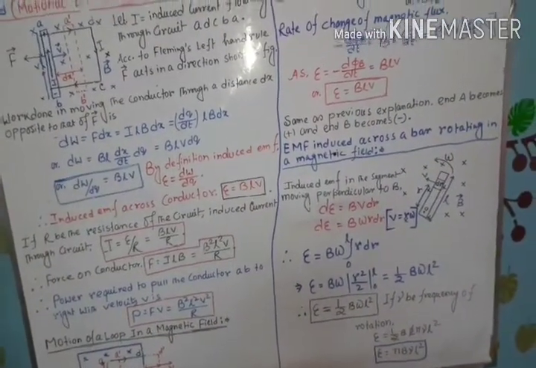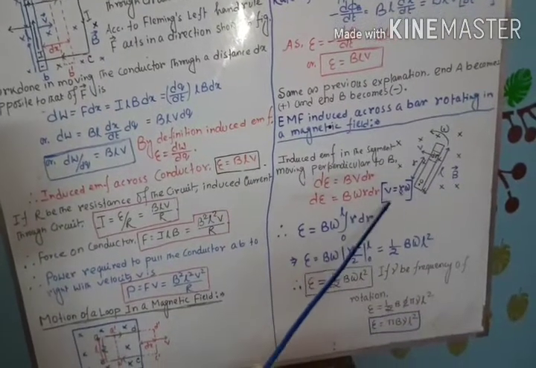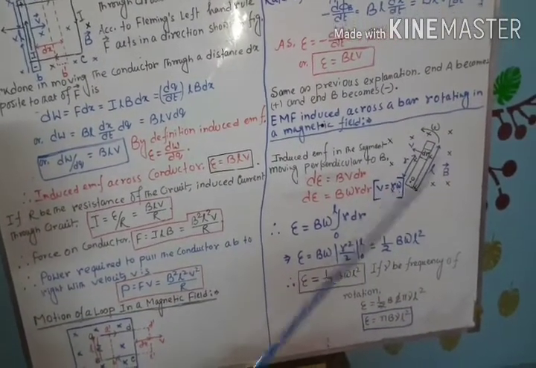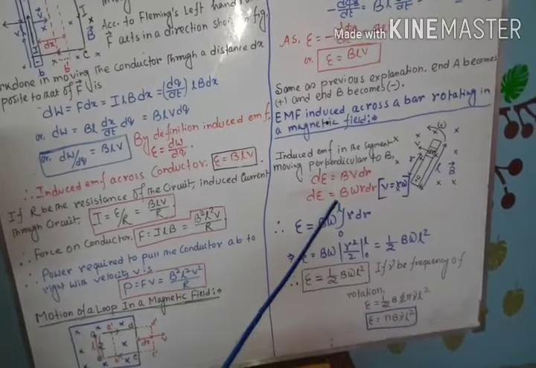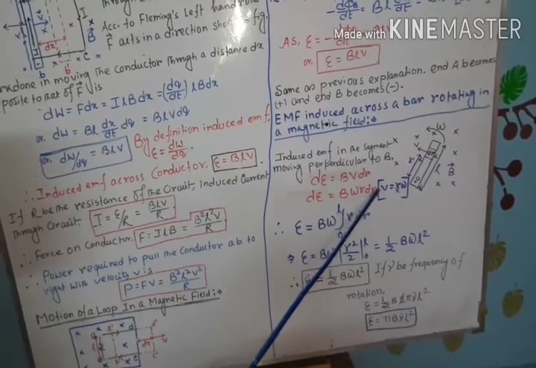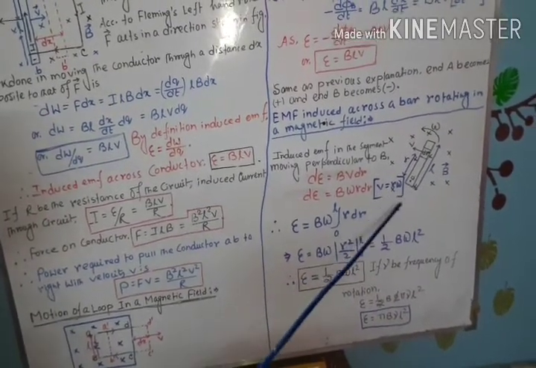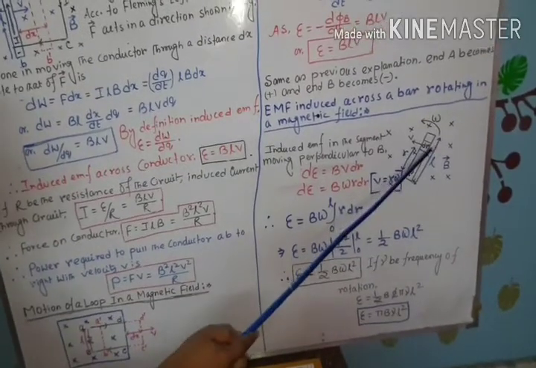Now there is a relation between v and omega, and the relation is v equal to r omega. So d epsilon is equal to B omega r dr. This is the expression for induced EMF only for the small segment.